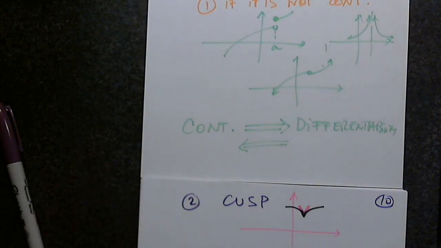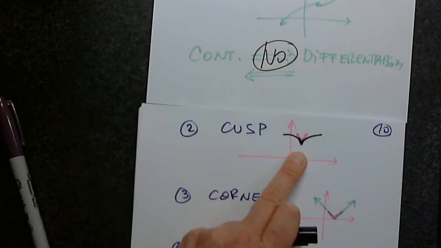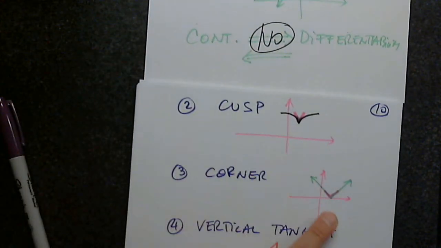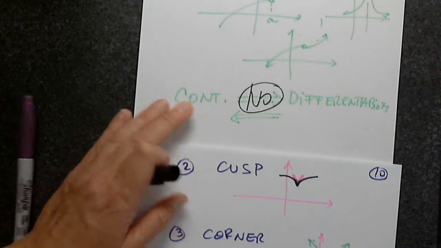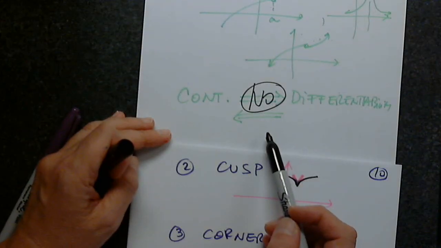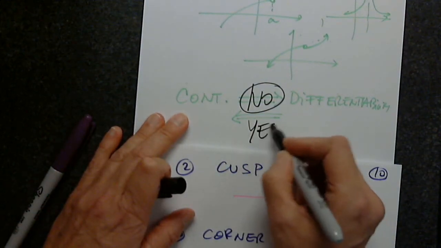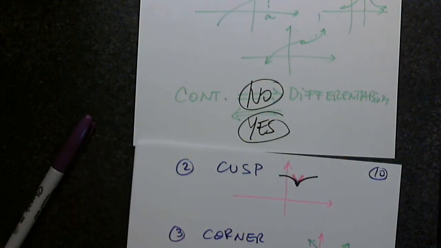The answer is no. The function is continuous, but it's not differentiable. Now, if the function is differentiable, does that guarantee continuity? Yes. Correct. If I tell you that a function is differentiable everywhere, you know it must be continuous everywhere.